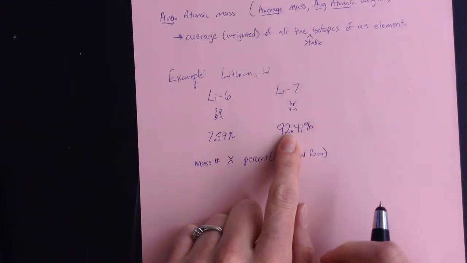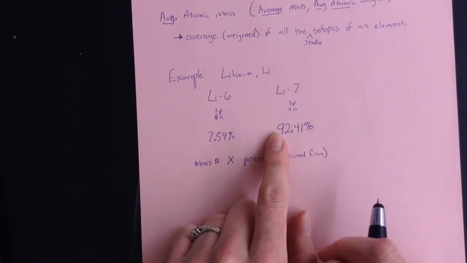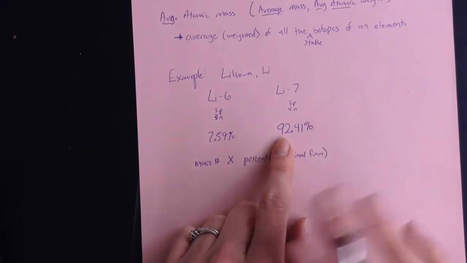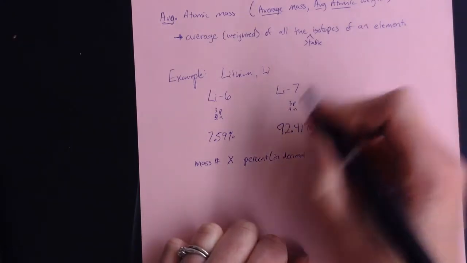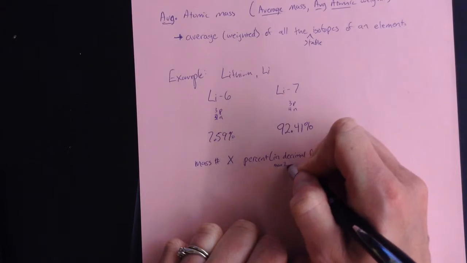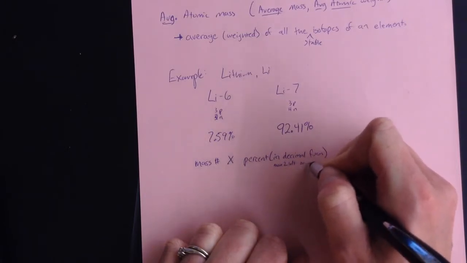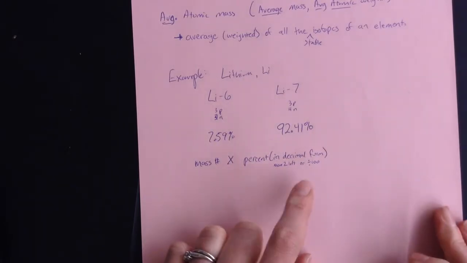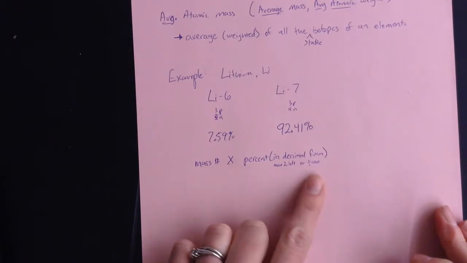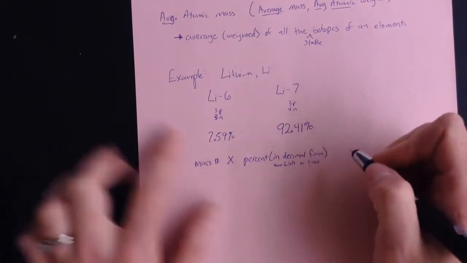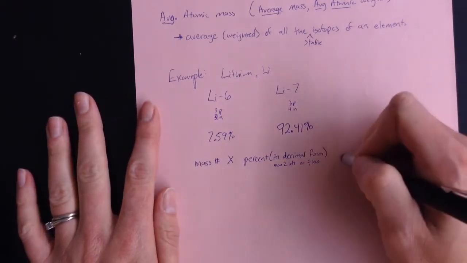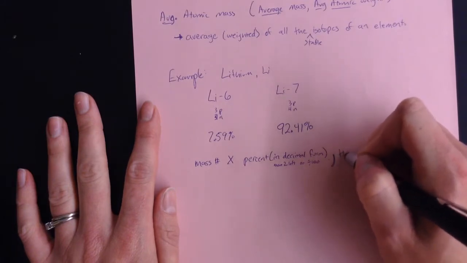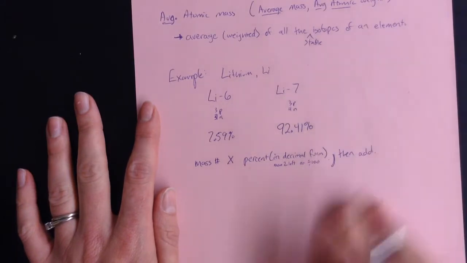To get to decimal form, we just have to move the decimal over 2 places, or divide by 100, whichever one you're more comfortable with. That's mathematically the same thing, so you can do either one. And then we're going to add up all the pieces.